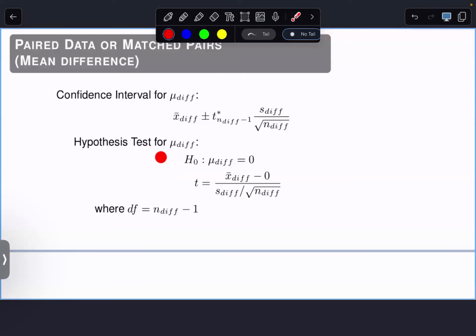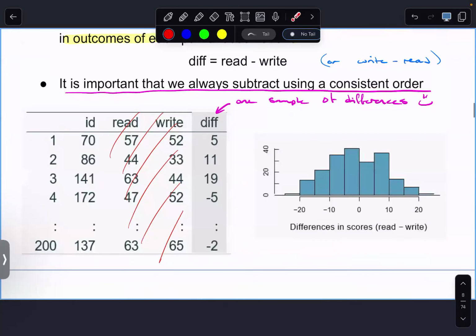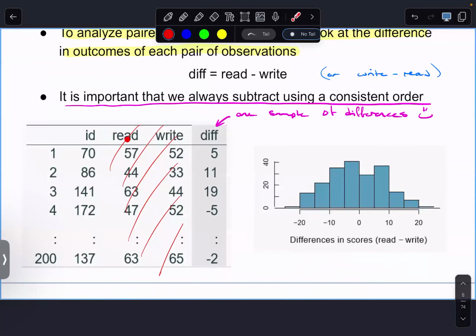For doing a hypothesis test for the population mean difference, we first have to think back to our null hypothesis. Our null hypothesis has to be that nothing has changed, right? Until I have proof otherwise. And so going back to here, if I want to talk about the reading and the writing scores, I know I just crossed them out.